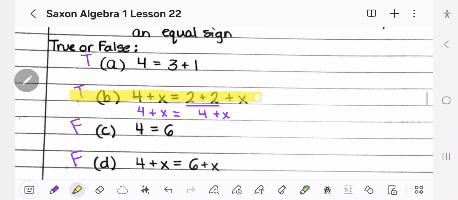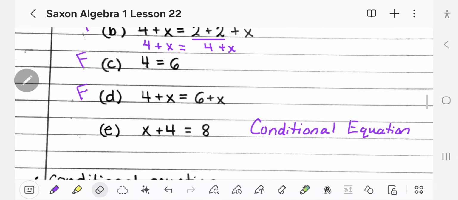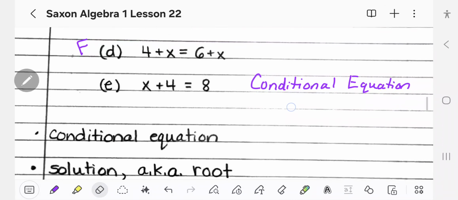Let's go back to this one, because you may be saying, hold on, you said that that one's true. And that's true because there isn't a value for x that wouldn't make that true. This is something called an identity. Both sides are equal regardless of the value of x. So that's how that's different from the one we just looked at in E, the conditional equation.